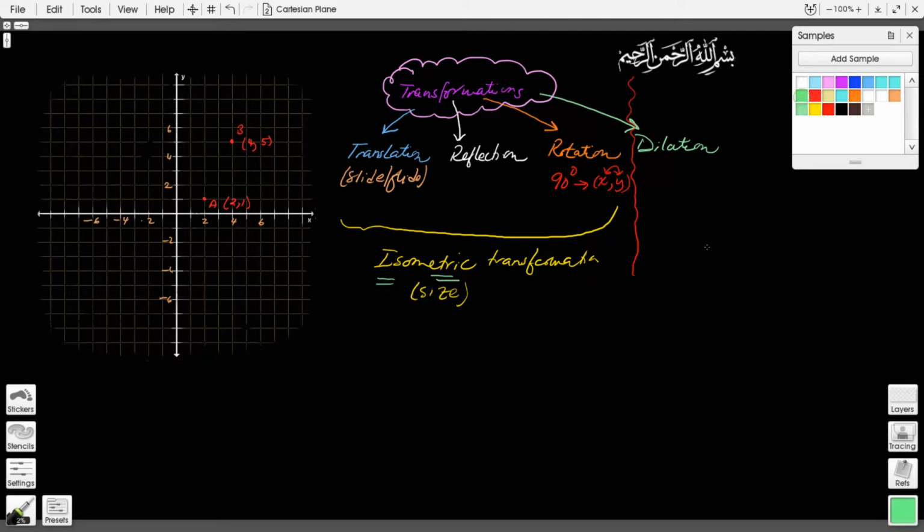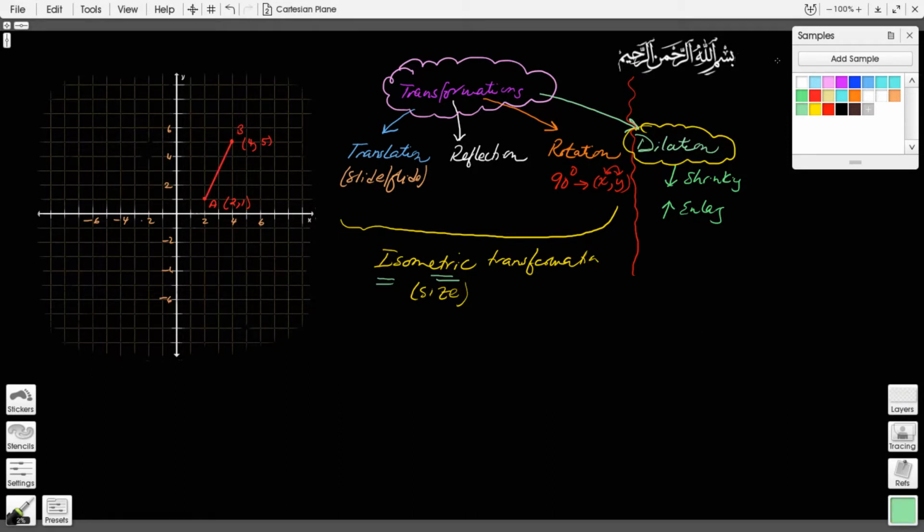Dilation, by its definition, is either shrinking or enlarging. Both enlarging and shrinking change the size of the object, and therefore it's not isometric, okay? As you recall, both enlarging and shrinking are considered dilation in mathematical models.